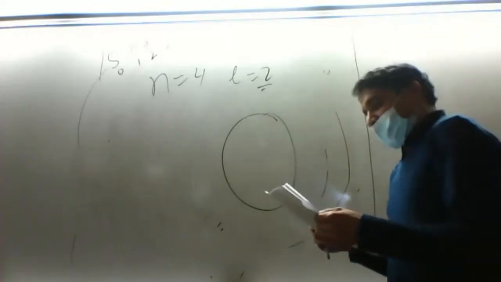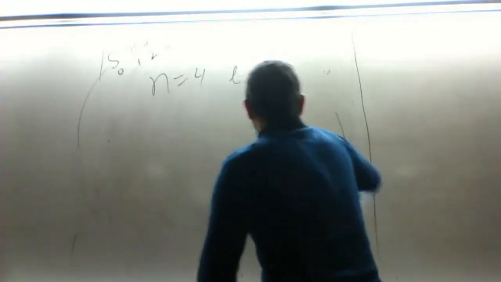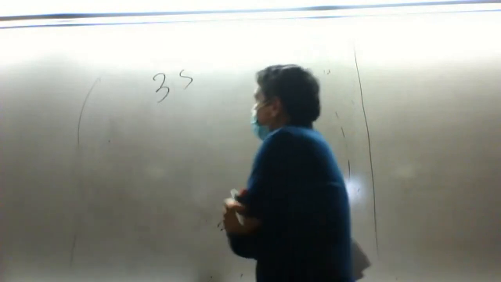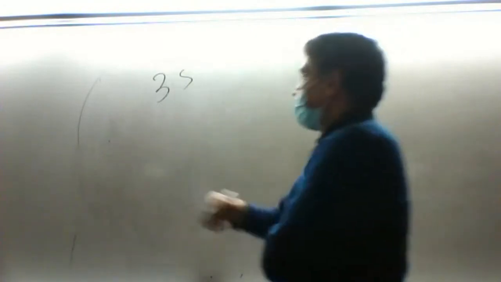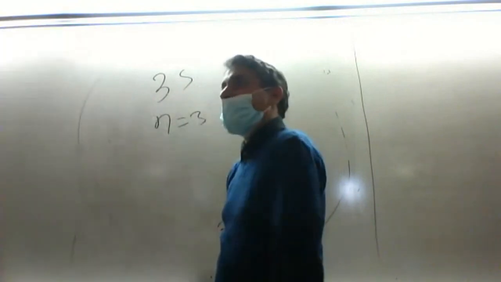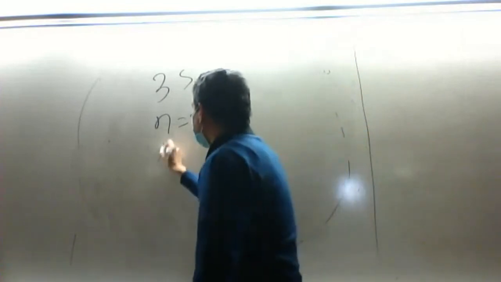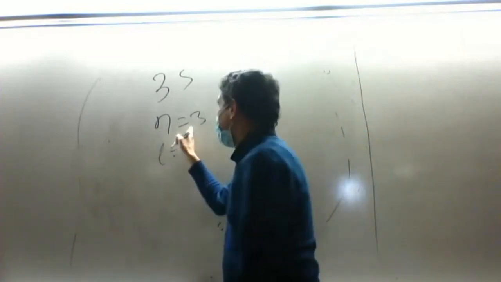Let's look at another one. Which of the following is not the correct representation of an orbital? I was a little confused about that question, but I thought maybe they're doing something wrong, but not. So let's see 3s. What is the n value here? This is the principal quantum number, n equals 3. The electron is in the third orbit, right? And then the third orbit can be cut into how many tiny spaces? 9 spaces. So now I need to go to L first. The L values start from 0.